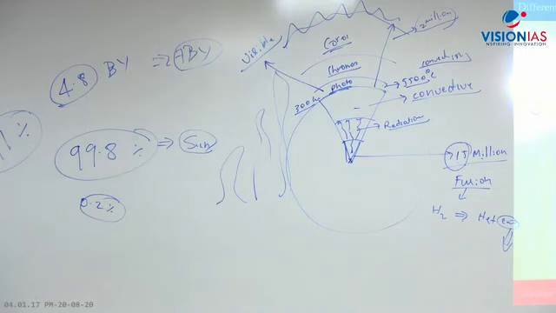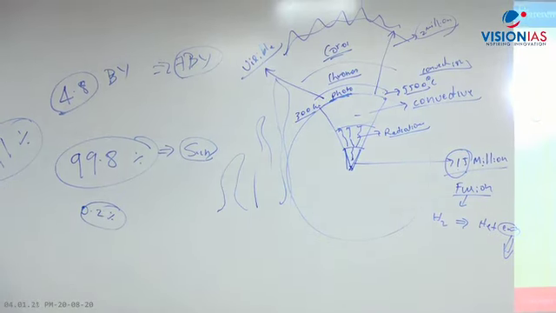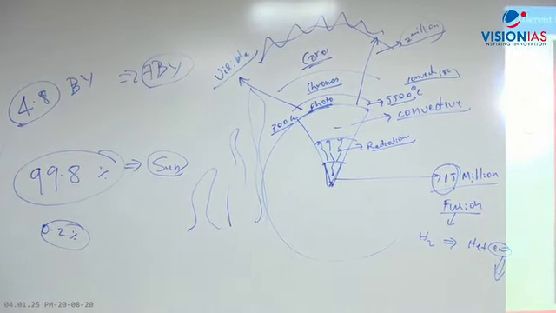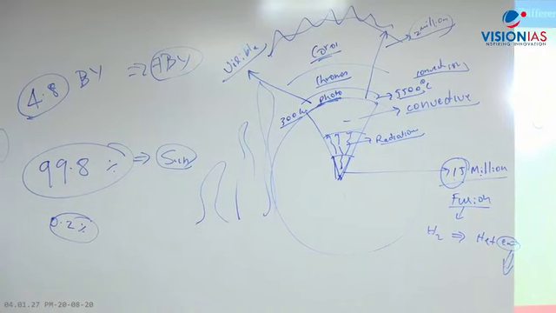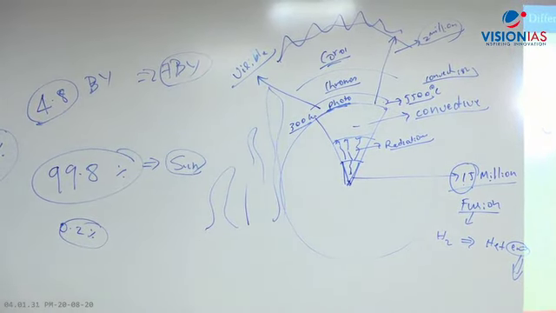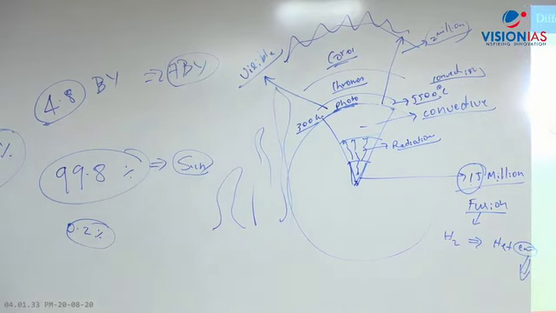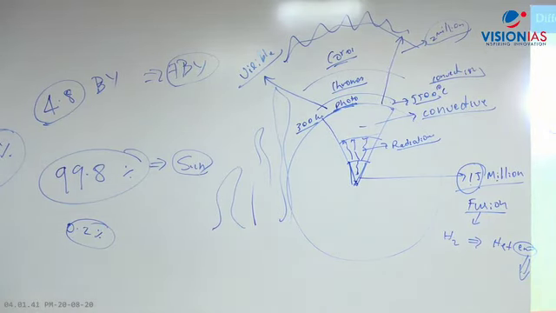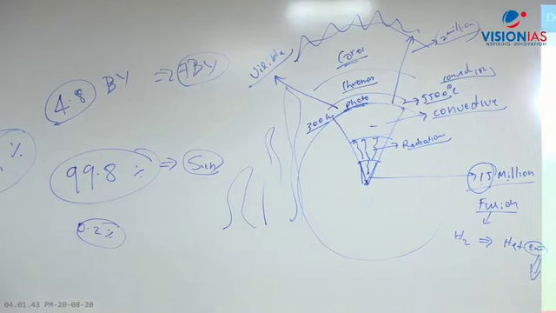Next one, radiative zone. Energy from the core is carried outward by radiation through this zone.